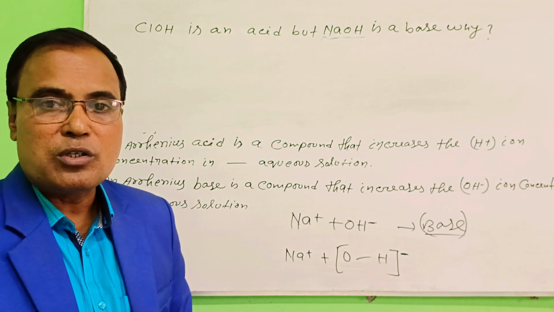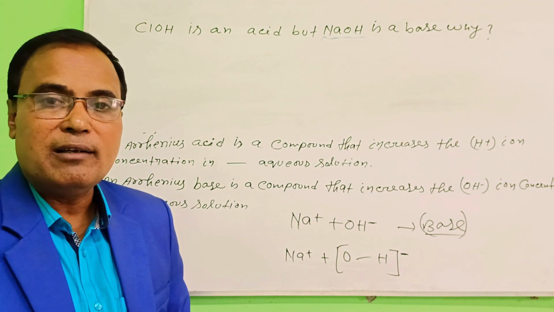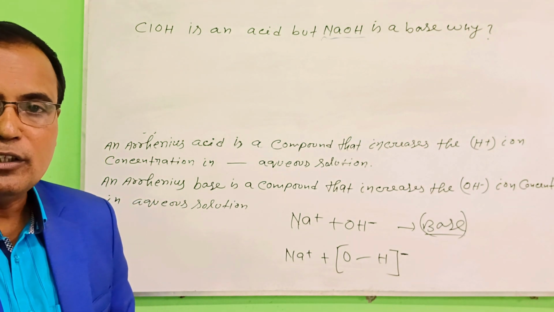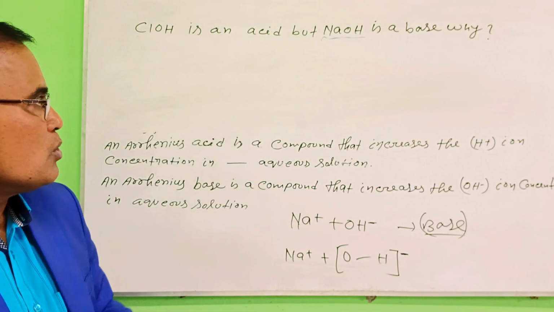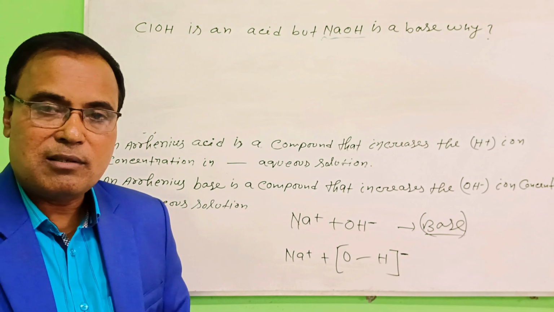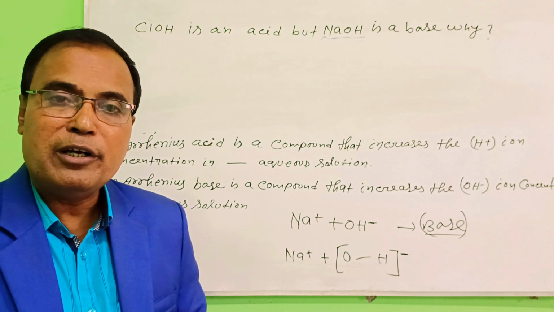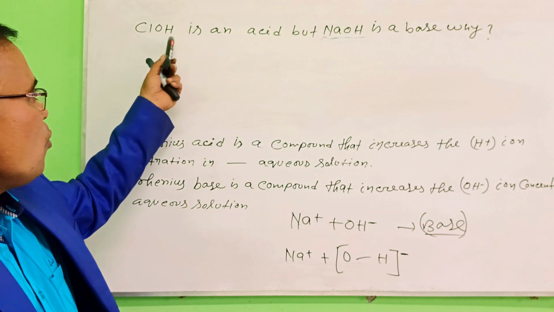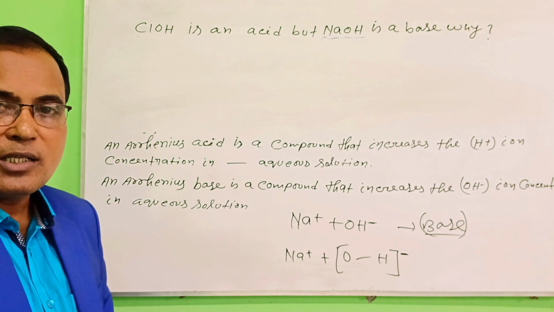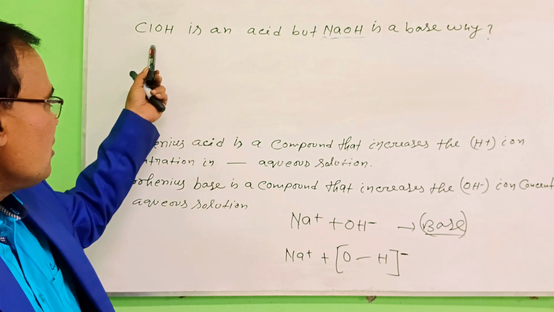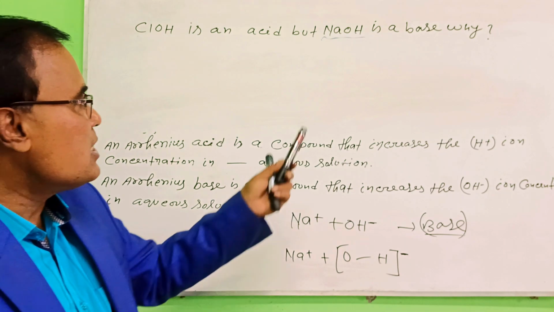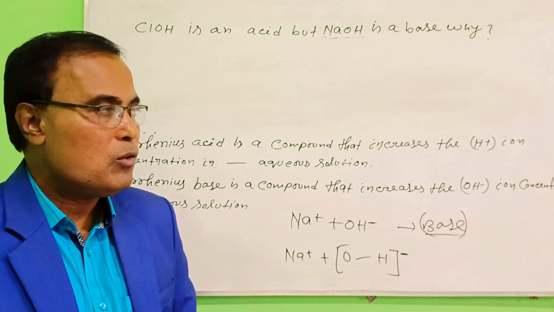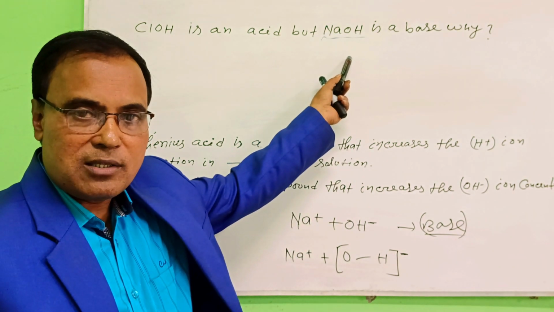Both compounds have a common radical, that is OH. Initially, we can think that both compounds may be bases, but the reality is completely different, because in aqueous solution ClOH produces H+ ion, so it is called an acid, and in its aqueous solution NaOH produces OH- ion, so it is called a base.